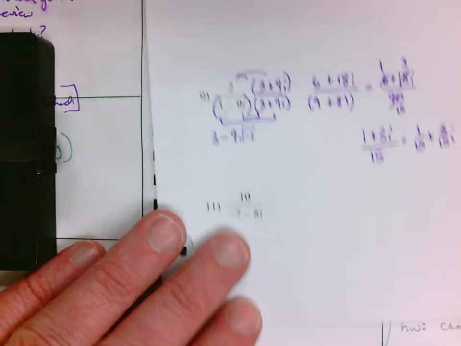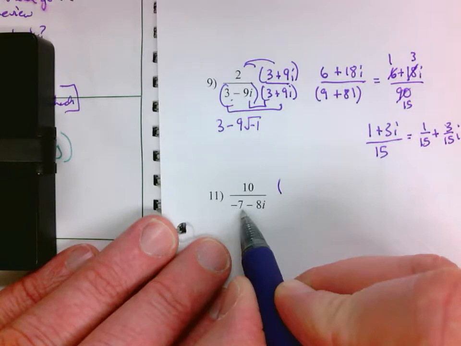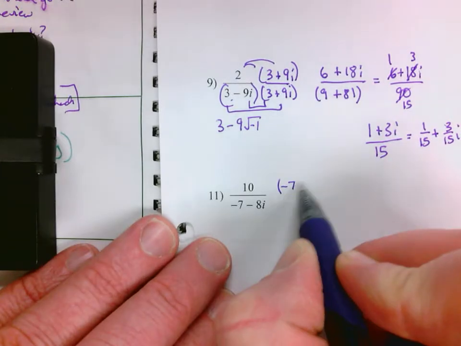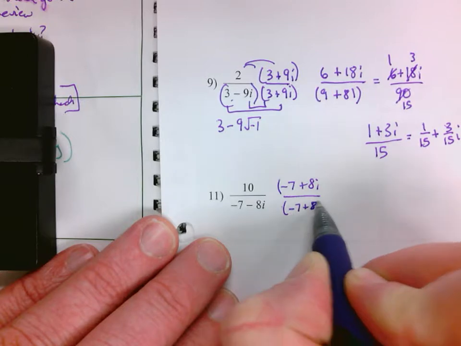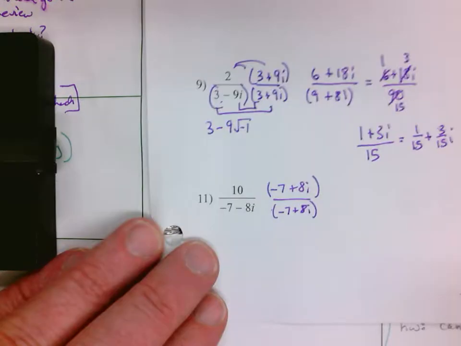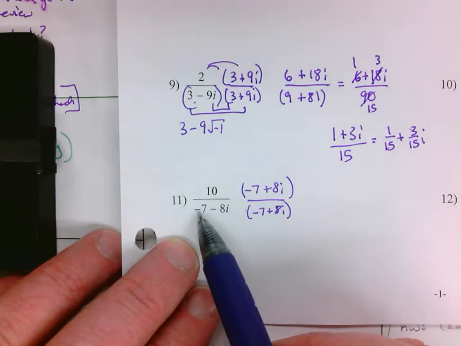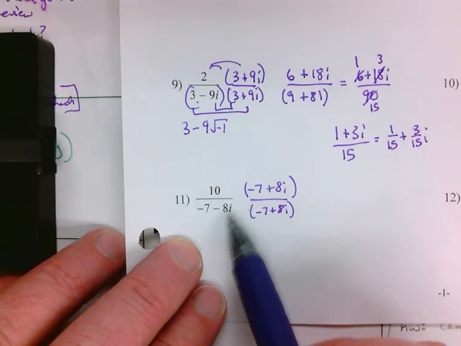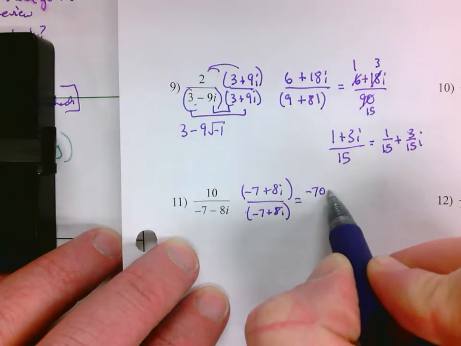Same technique here. So -7 plus 8i. -7 plus 8i. That's the conjugate. You don't need to change this to +7. Conjugate only changes that middle number. So I distribute. I have -70 plus 80i.